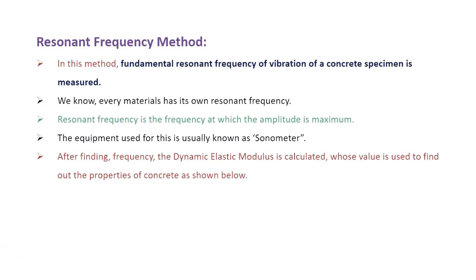The next method is the resonant frequency method. As you know, every material has its own resonant frequency, right? Even concrete has a resonant frequency, and when you hit the concrete with a hammer or something, or you make the concrete vibrate, it is going to vibrate at a particular frequency.